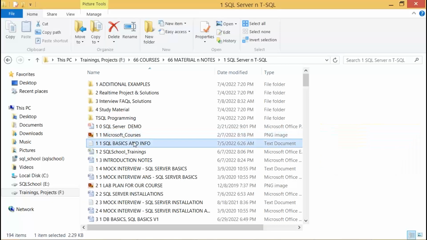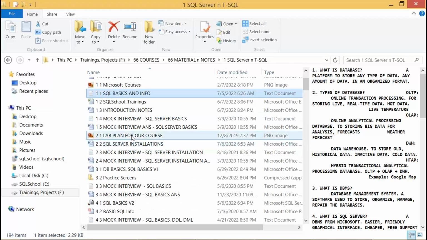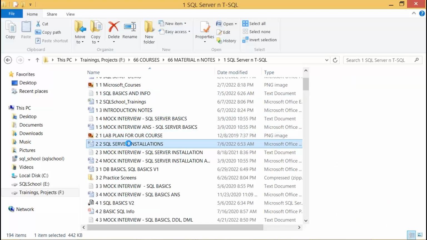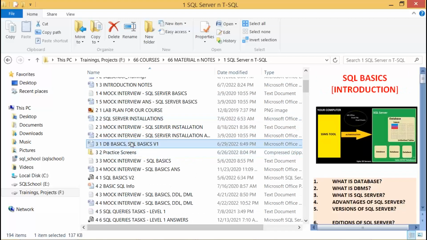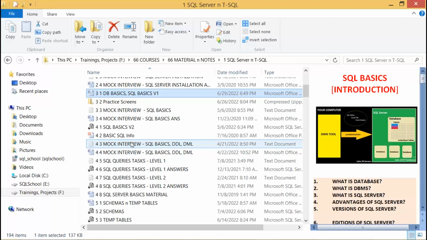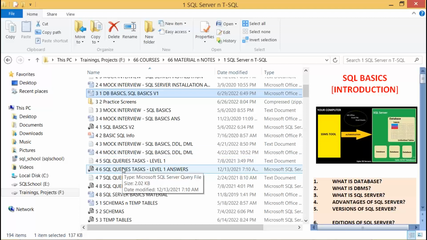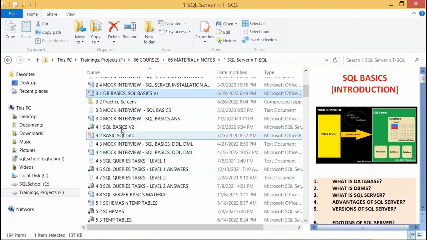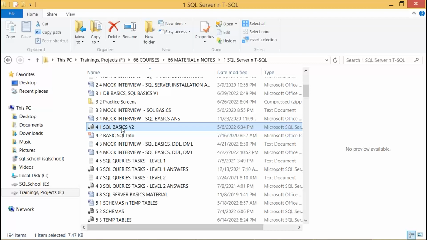We'll start with the basics, slowly proceed to installations, and understand the SQL basic activities. We'll hit a half century first, I mean 50 plus examples on SQL basics in the third and fourth chapters together.